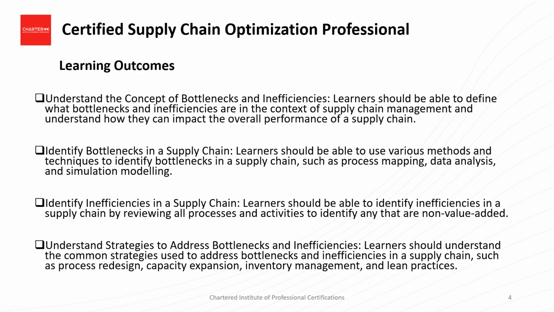Identify inefficiencies in a supply chain by reviewing all processes and activities to identify those that are non-value added. And you should understand the common strategies used to address bottlenecks and inefficiencies in a supply chain, such as process redesign, capacity expansion, inventory management, and lean practices.